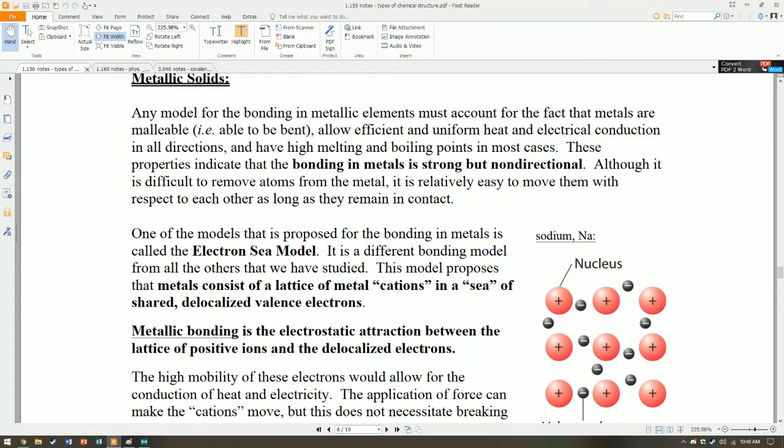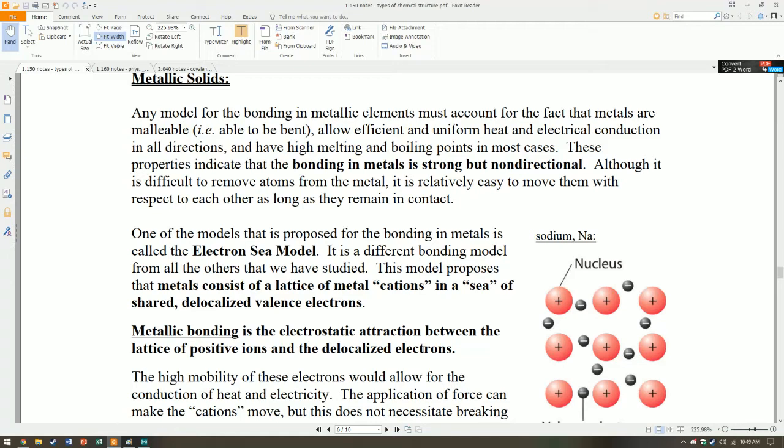Some of the metal atoms will ionize and create cations, and then you have these positive nuclei, which are fixed, and the electrons can move around them. The nuclei are attracted to the valence electrons. However, since the electrons are excited enough to be out of the atom, they can be attracted to multiple nuclei.